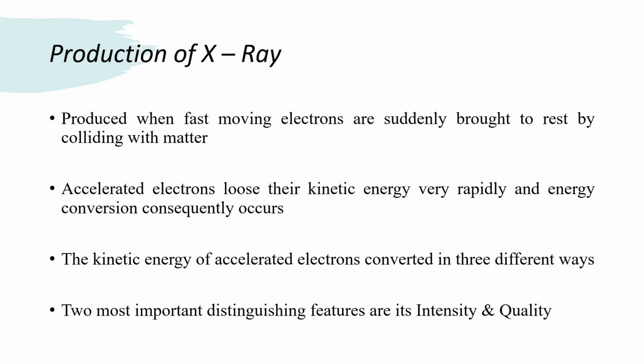A very small fraction, less than 1%, is converted into X radiation, and approximately 99% of the energy of the electron is converted into heat by increasing the thermal vibration of the atoms of the target, the temperature of which may consequently rise.